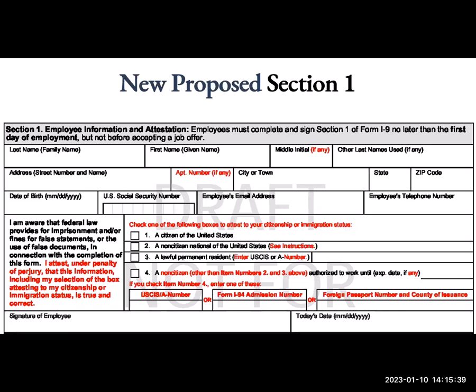The instructions on that one, I have rarely seen it, so I don't typically touch it. But a lawful resident, we're going to talk about that, and then a non-citizen. And this non-citizen can take so many shapes. That is what I'm going to be focusing on in the next slides, and I will answer the question about the Form I-94. In fact, I'm going to give you an example of what that would look like when someone gives it to you as a document. Okay, so next slide.